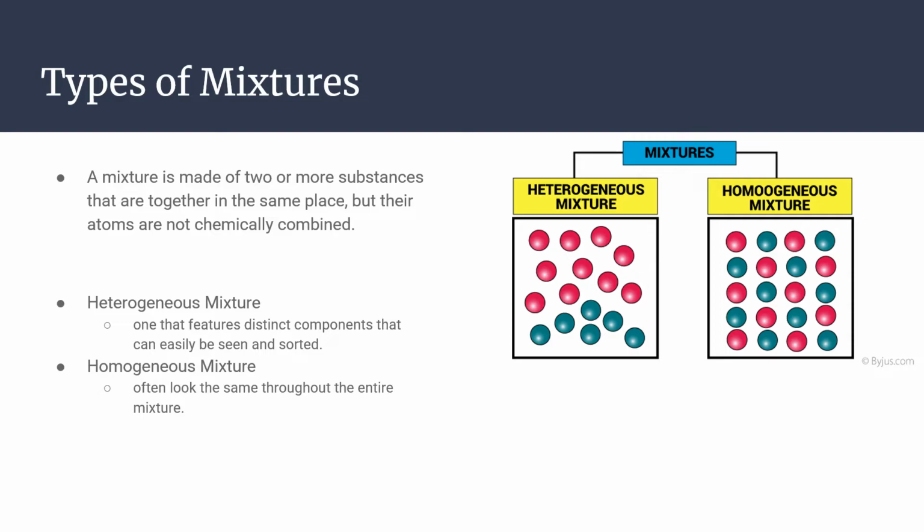It looks the same throughout. It's all purple, the sugars dissolve, the Kool-Aid mix is dissolved. A heterogeneous mixture would be something like a lava lamp. You can see the oil-like substance versus the water-like substance within it, but they're mixed in the same place.